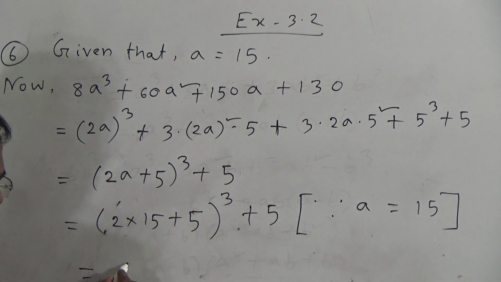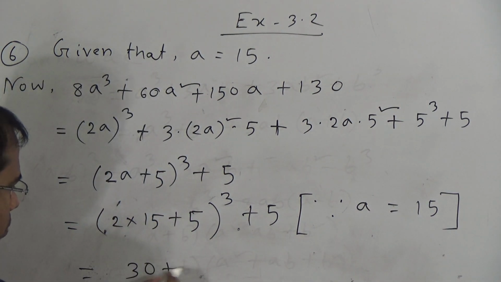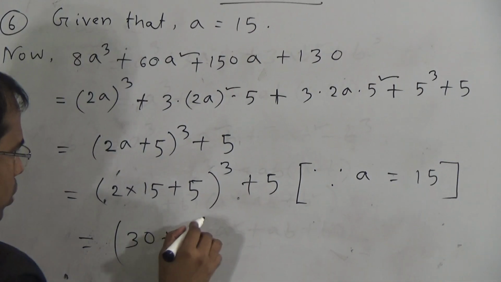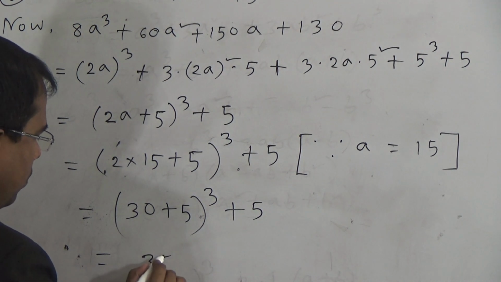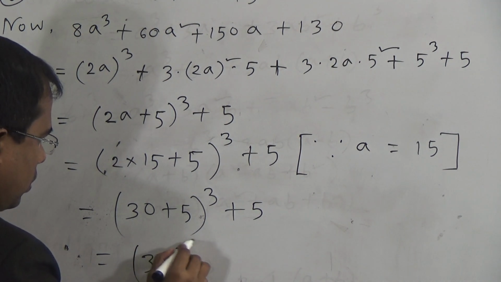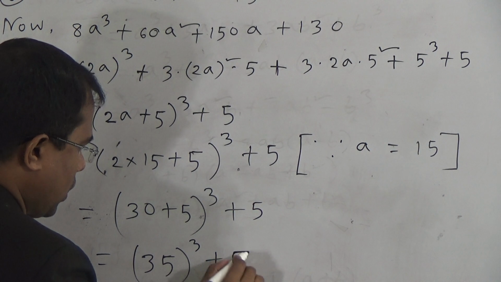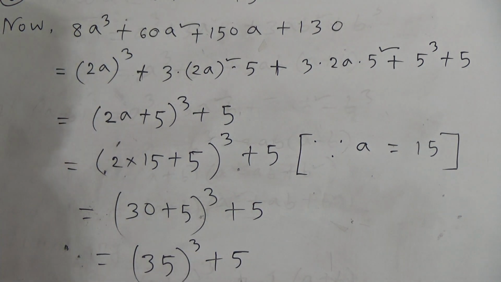Now 2 multiplication 15 is equal to 30, (30 plus 5) whole cube plus 5. This is equal to 35 whole cube plus 5. 35 whole cube means 35 multiplication 35 multiplication 35. If we multiply 35 three times, it will be 42,875.